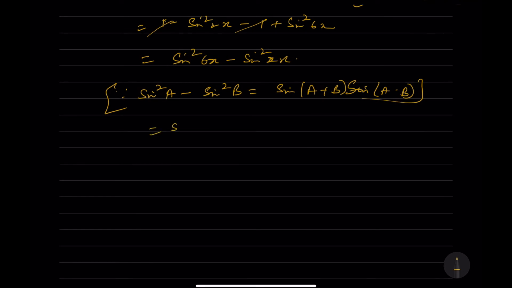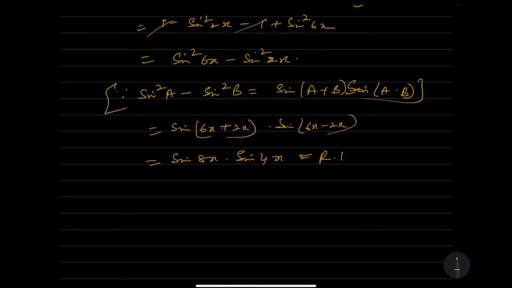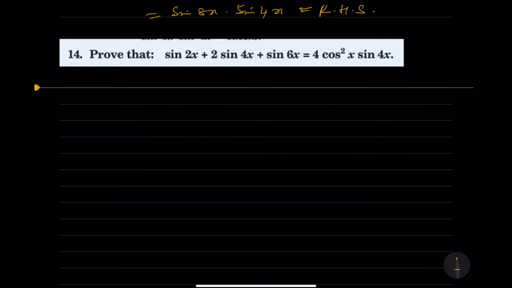That's equal to sin of (6x plus 2x) into sin of (6x minus 2x). So therefore you are getting sin 8x into sin 4x. So this is the answer which we got. It's equal to RHS. Now going into the 14th problem.